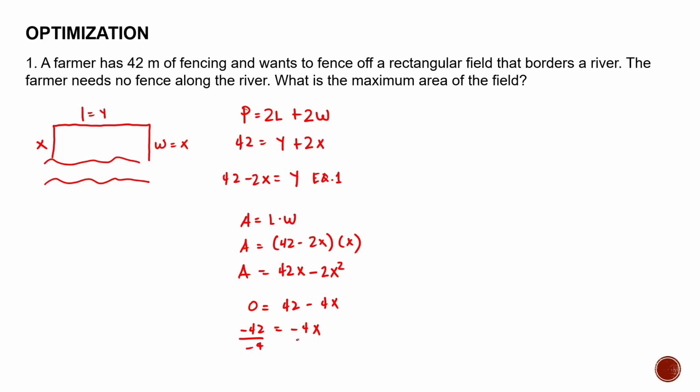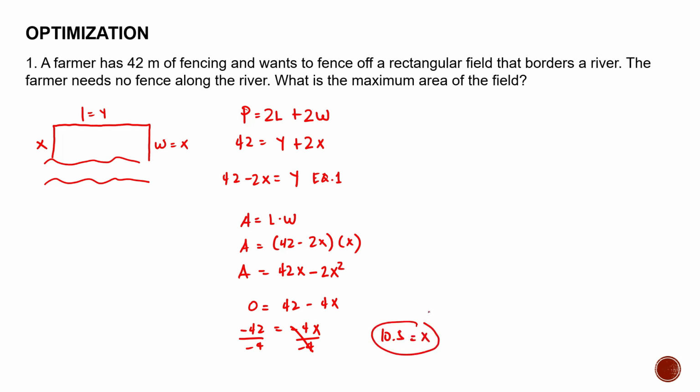And let's divide negative 4 on both sides. That is going to give us 42 divided by 4 is 21 over 2. And 21 over 2 is 10.5. So this is 10.5 equals x.